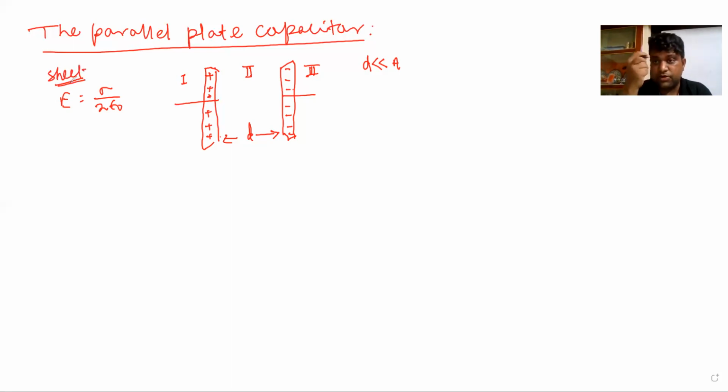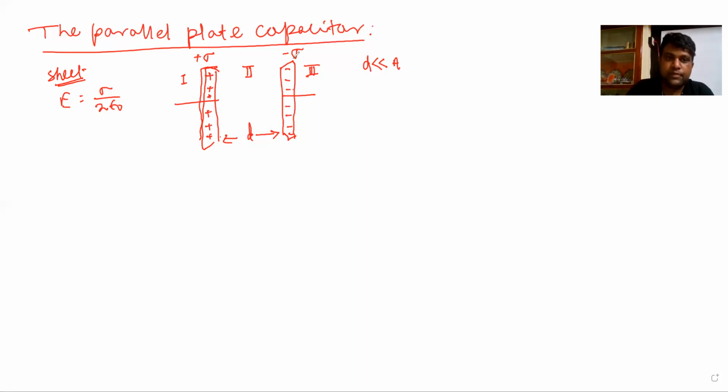This is already derived, so we'll use the result and compare it with the electric field due to the plates. Now see, the positive plate has charge density plus sigma, and this is minus sigma.